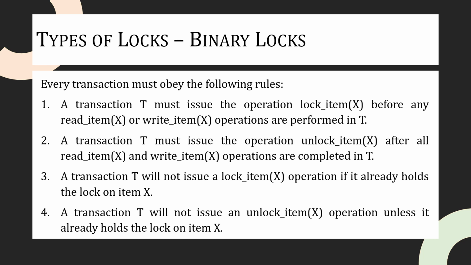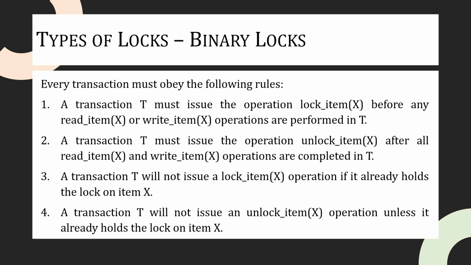The third rule: a transaction T will not issue a lock item of X operation if it already holds the lock on item X. That is, if there is a lock on X, we cannot issue another lock item of X operation on the same data item X. The fourth rule: a transaction T will not issue an unlock item of X operation unless it already holds the lock on item X.